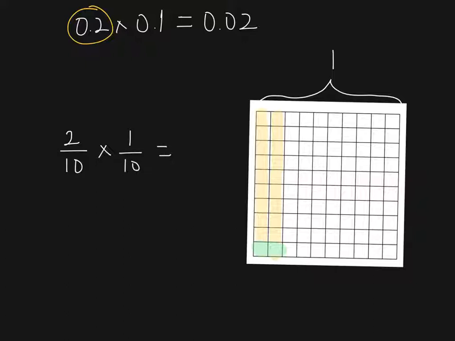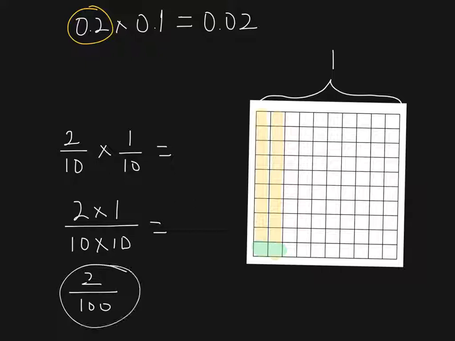And of course that means 2 times 1 over 10 times 10, and that will equal 2 over 100, which is the fraction way of writing the decimal 0.02.